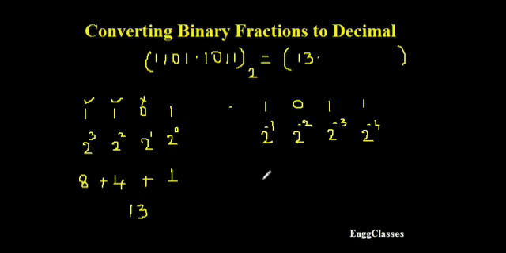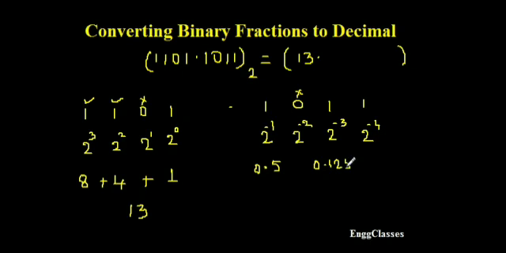So 0.5 into 1 turns out to be 0.5 only. Next is 0 into this, so it turns out to be 0 only, so I'll not write this. Next is 1 into 2 to the power minus 3. 2 to the power minus 3 is 1 over 2 to the power 3, which is 1 by 8.